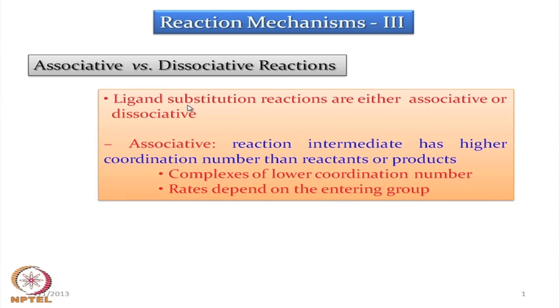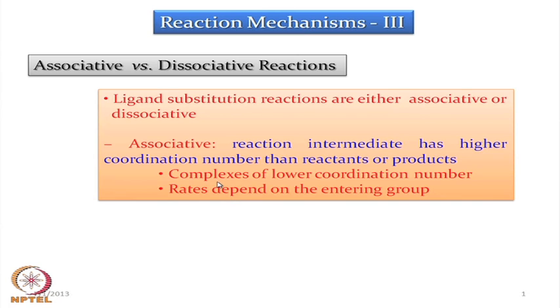When we talk about ligand substitution reactions, they can either be associative or dissociative. In the associative reaction, we have seen that we can have an increase in coordination number. So, the reaction intermediate, leading towards the corresponding transition state, has higher coordination number than reactants or products. If the reactant is octahedral, we have 6 coordinated species, and if the product is also octahedral, it is also 6 coordinated, but the transition state is 7 coordinated.